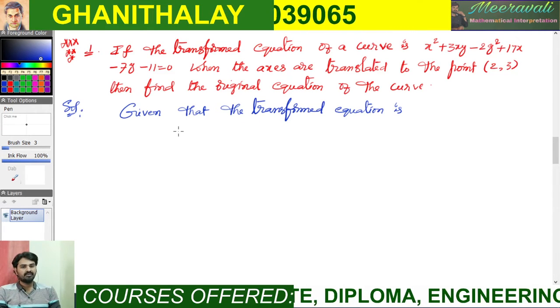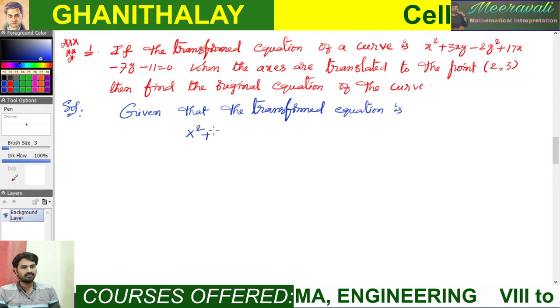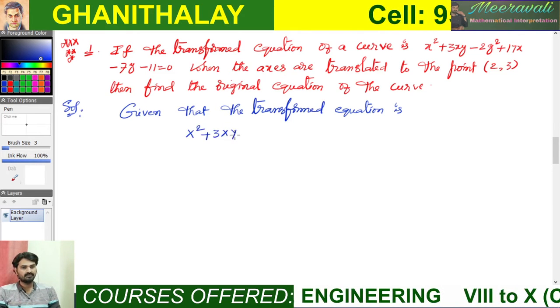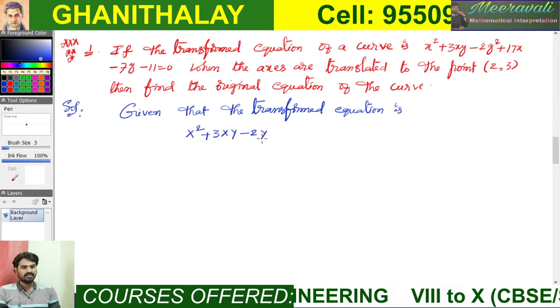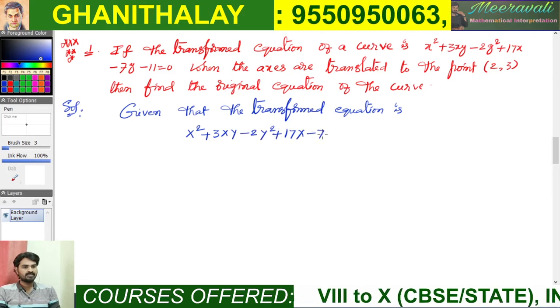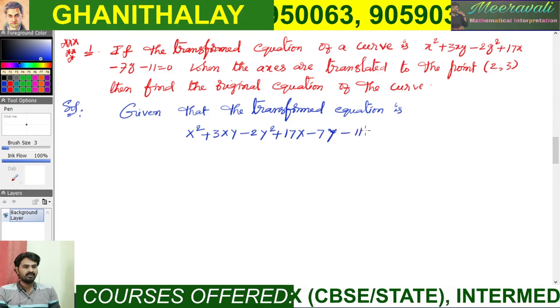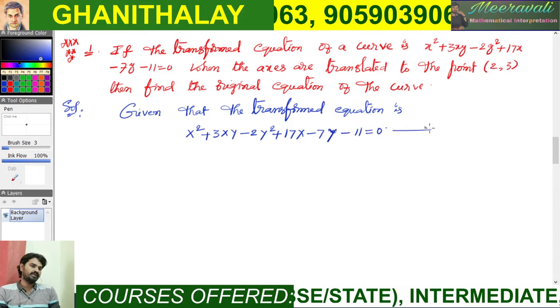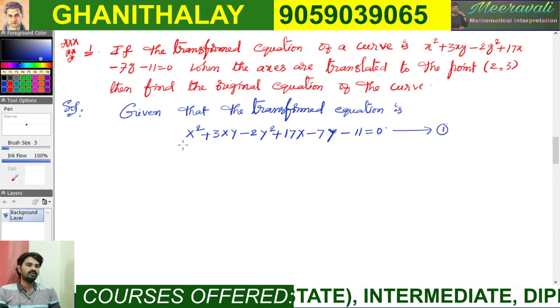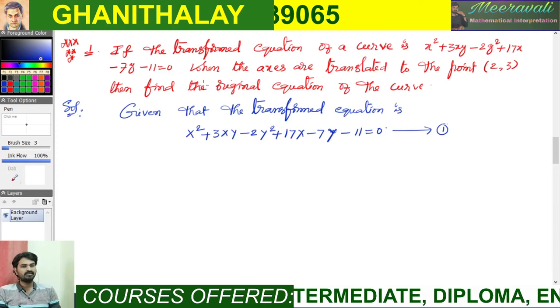So it can be taken in terms of capital letters: X square plus 3XY minus 2Y square plus 17X minus 7Y minus 11 is equal to 0. Let it be equation 1. Write carefully, the capital X and capital Y terms you have to write.